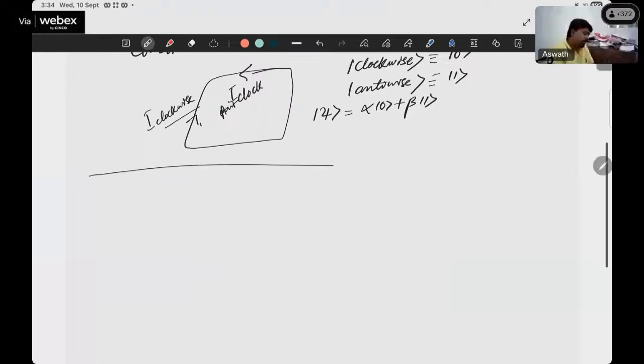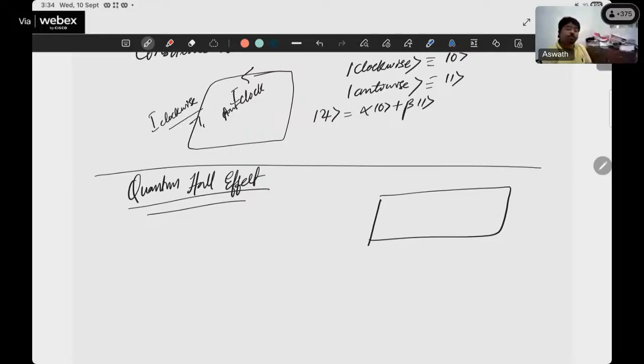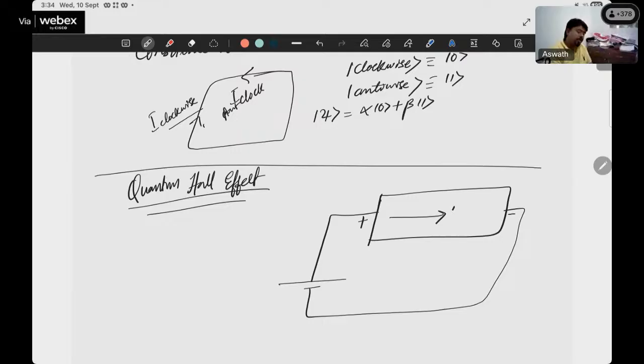Suppose I have a material, and I connect one side to a positive plate and the other side to a negative plate. The current would flow in this way, meaning the electrons are flowing in this way.